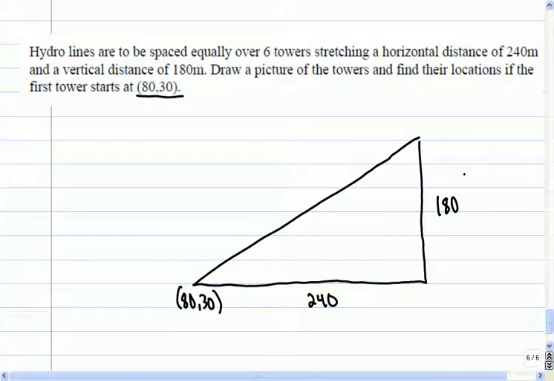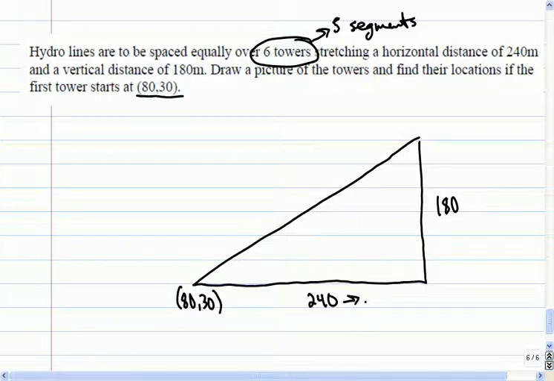Okay, so how many line segments are we going to have? 5. Yeah, because there's 6 towers, so that's one more than the number of line segments. So we would end up with 5 segments. Okay, so that means 240 divided by 5 will be 48, and let's see here, 36. Okay.